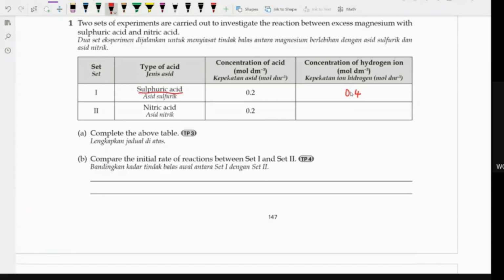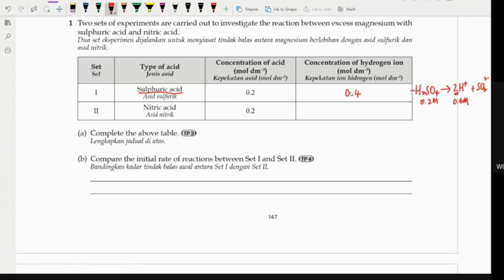Diprotic acid, so record down. When sulfuric acid is ionized in water, it produces 2 moles of hydrogen ions. So if here it is 0.2 mole, here it will be double, 0.4 mole per cubic decimeter.